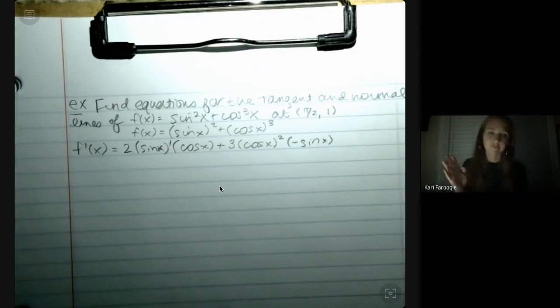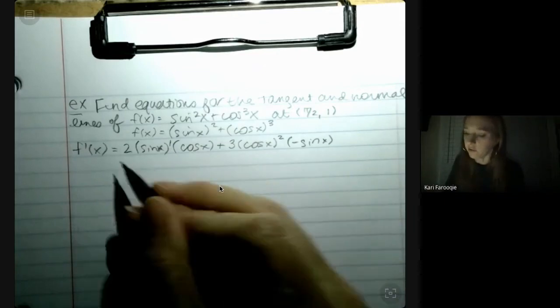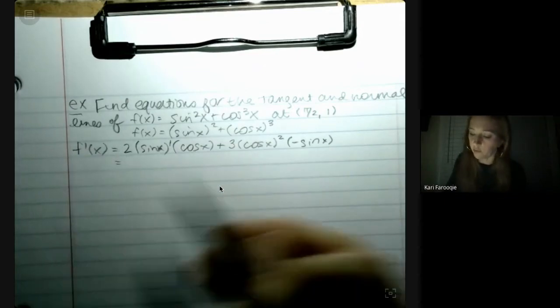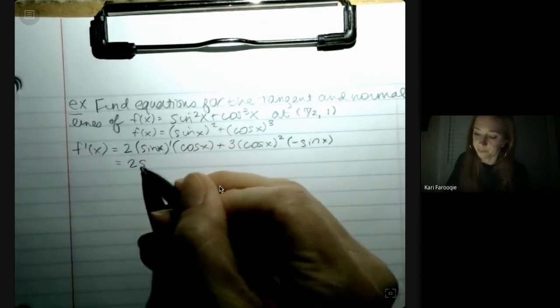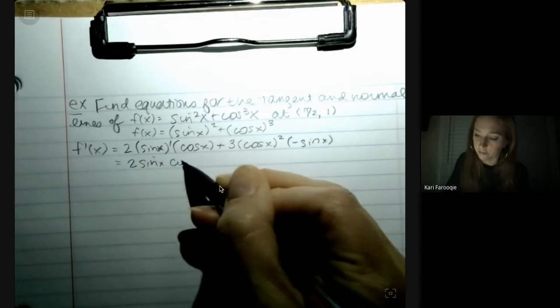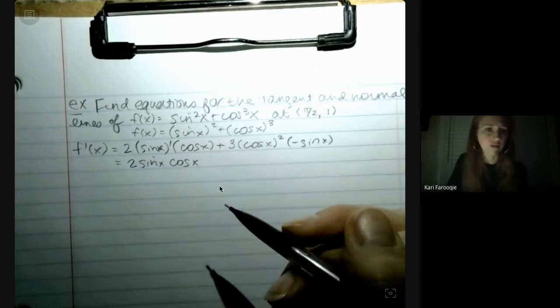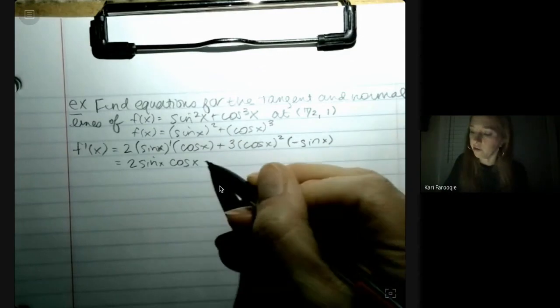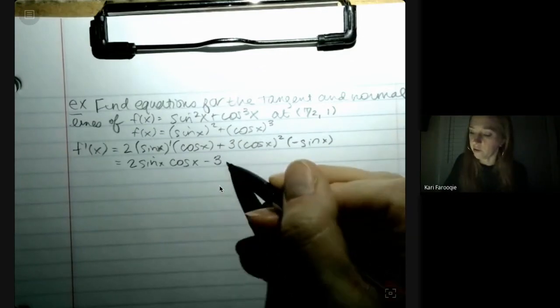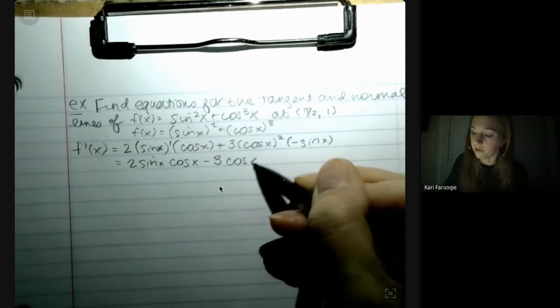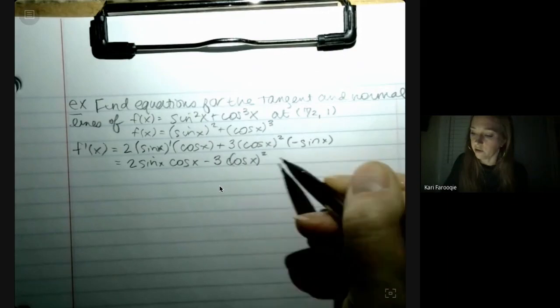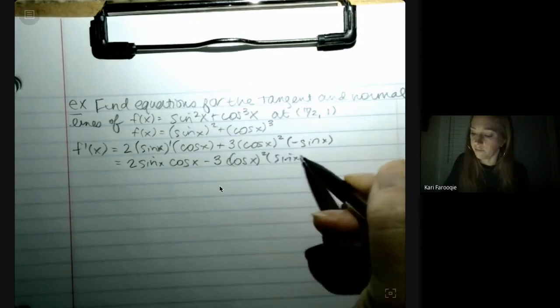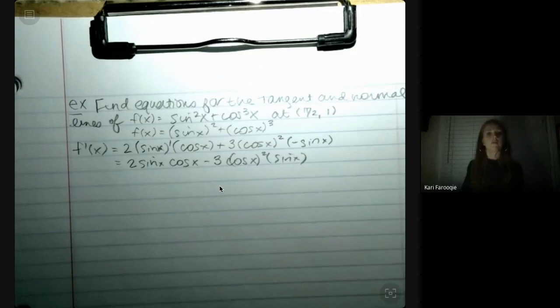Now, you don't have to do a whole ton to this. You are going to have to take f prime of pi over 2. But for now, maybe just simplify it a little bit. Not a whole lot you can do, but I would at least say this is minus 3 cosine x squared times sine x, something like that.